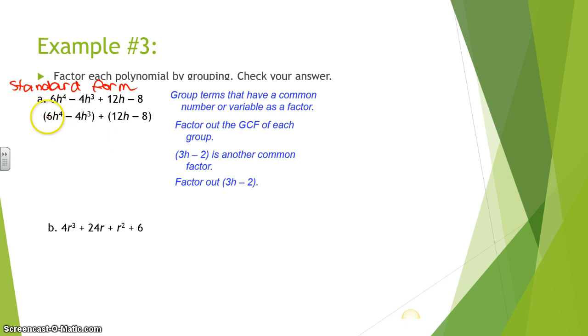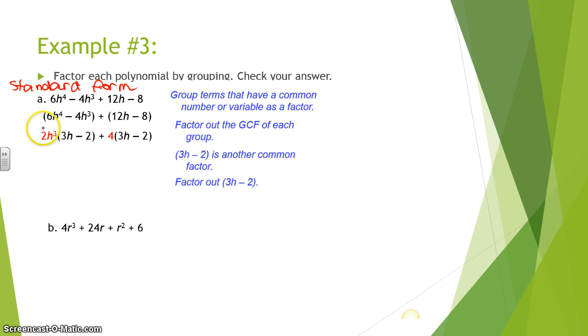So the way we're going to group this is the first set and the second set: 6h^4 - 4h^3, and 12h - 8. We group the terms that have common numbers or variables as a factor, and factor out the greatest common factor.